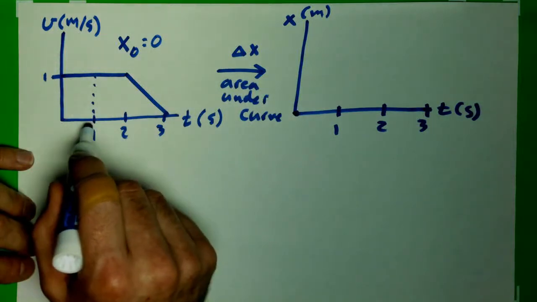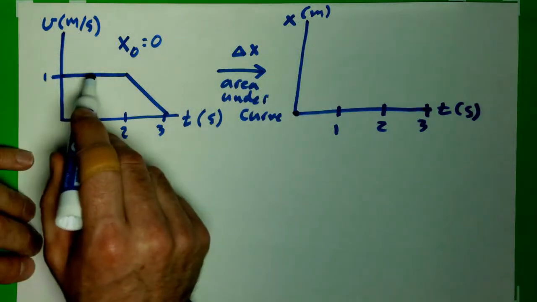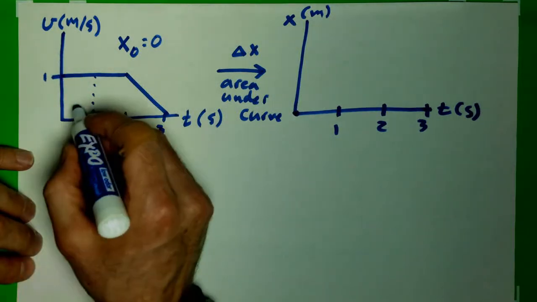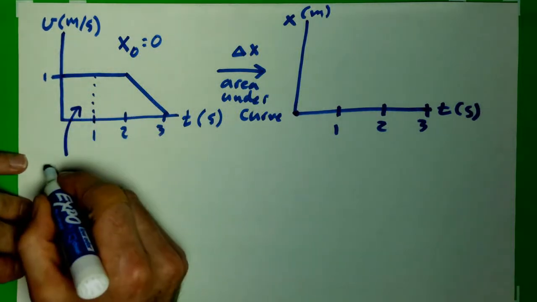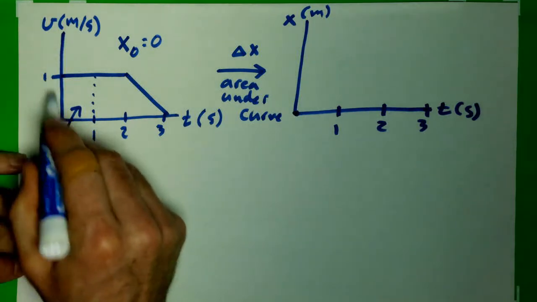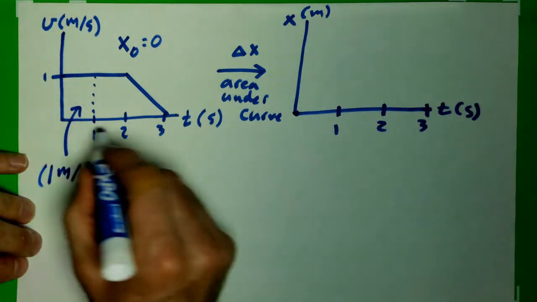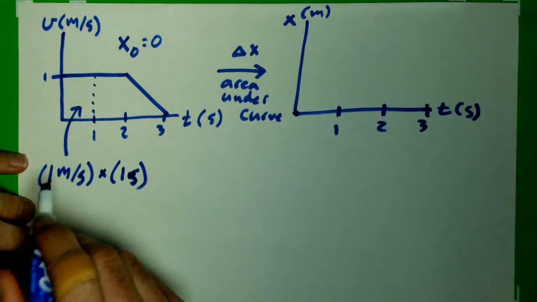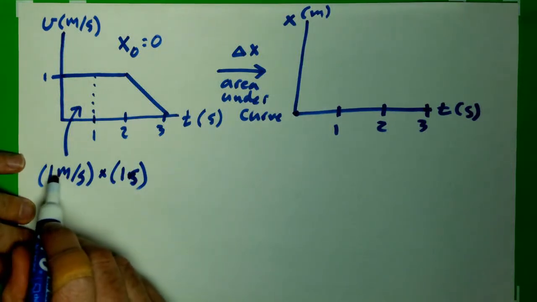So in 1 second, I've gone 1 meter per second. In fact, I'm going to write this out like this. This is 1 meter per second height times the base of 1 second. I want to write it out this way because of the units.